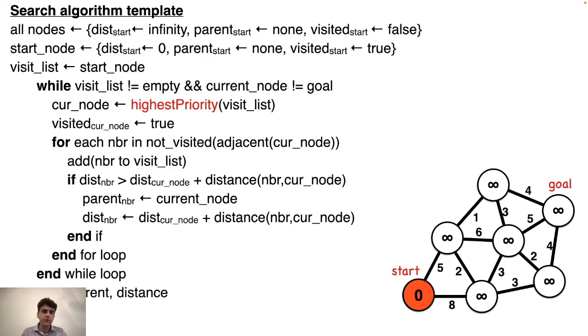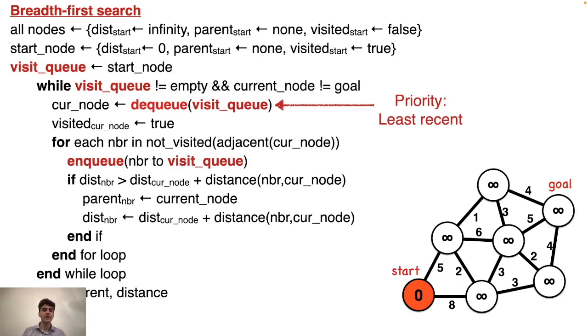But for the sake of time, one thing we can do is go back to our generic search algorithm template and ask what we would have to change to implement breadth first search. The key distinction between depth first search and breadth first search is essentially what data structure you use to represent the visit list and how you define priority with respect to that visit list. Unlike depth first search, which uses a stack data structure, you can implement breadth first search using a visit queue to represent what we had been referring to as the visit list.